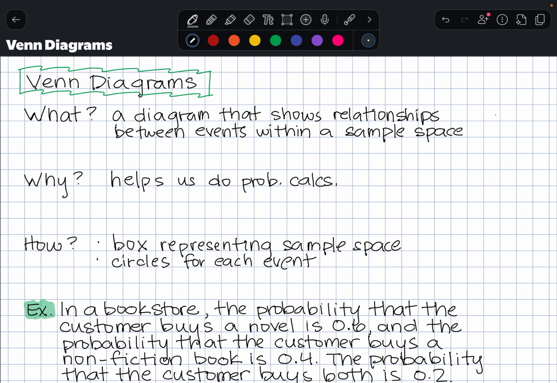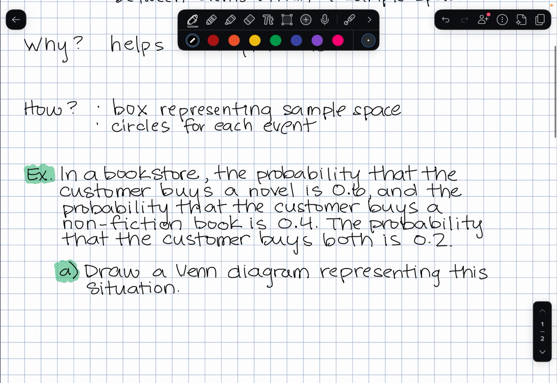And the circles may overlap if the events are not mutually exclusive, meaning they have outcomes in common, or they might be separate if those events are mutually exclusive. And that gives us important information. We're going to draw one together so we get a feel for how to draw and interpret them.